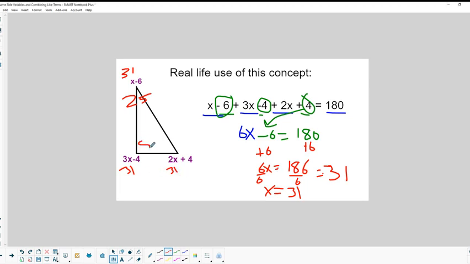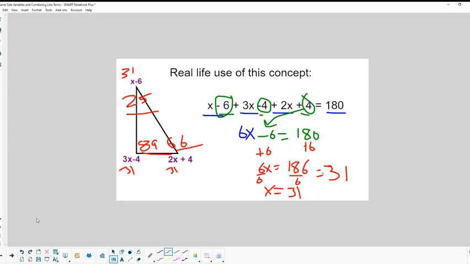So this is an 89 degree angle. And then lastly, let's get that calculator back up here. 2 times 31 plus 4 equals 66. So that's a 66 degree angle right there. And if you add those three angles up together, you would find out that they equal 180 degrees.